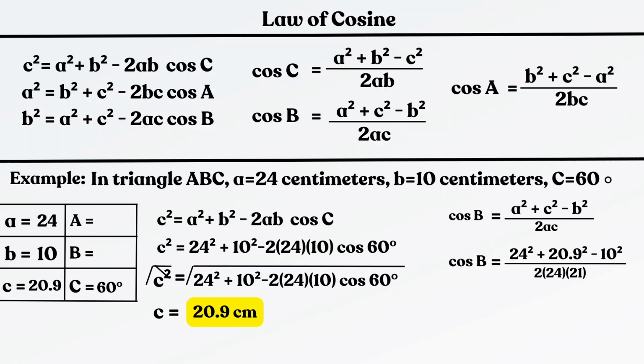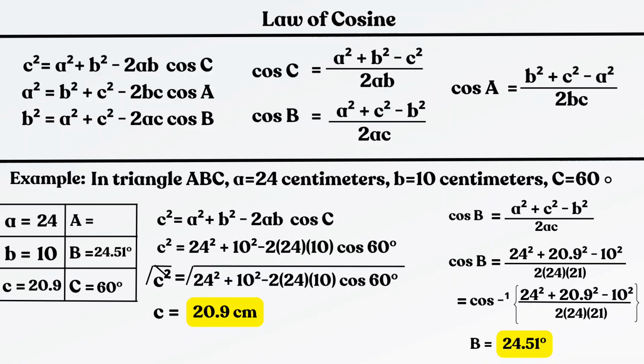So it becomes cosine raised to negative 1 of 24 squared plus 20.9 squared minus 10 squared all over 2 times 24 times 21. So it gives us an angle B of 24.51 degrees. And for our angle A, we just need to add angles B and C, then subtract it from 180 degrees, which gives us 95.49 degrees.